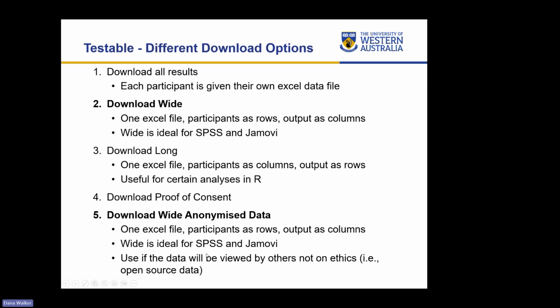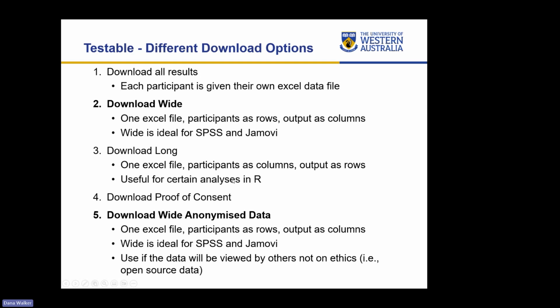This is great if the data is going to be used by people not on your ethics. For example, all of my data across my studies is open source, so other researchers can download my data off OSF. Of course, my data needs to be anonymous. So I would post this data, but I might analyze off of this data depending on what I need.